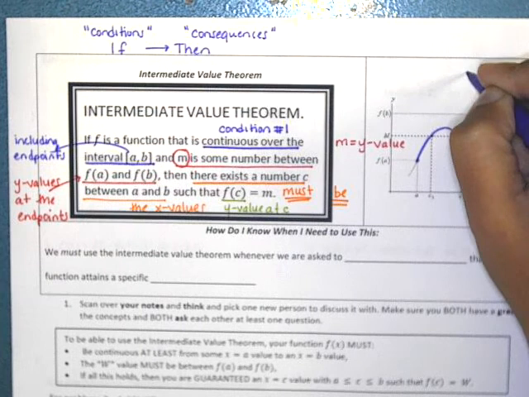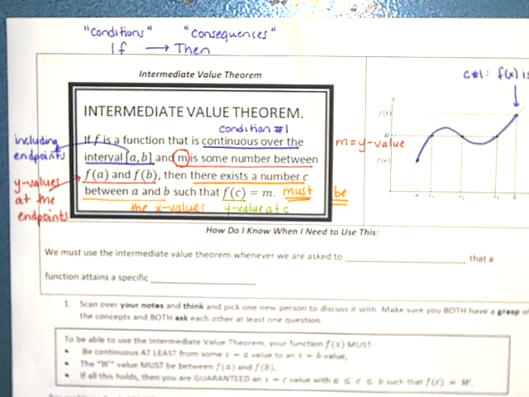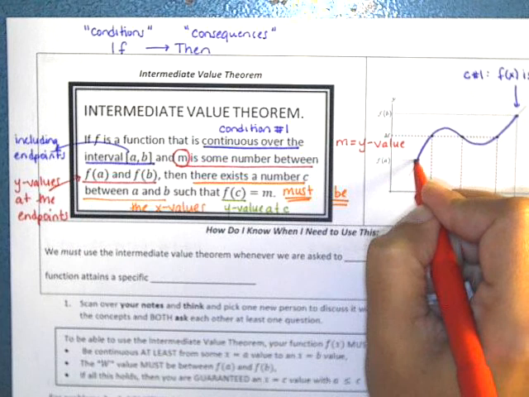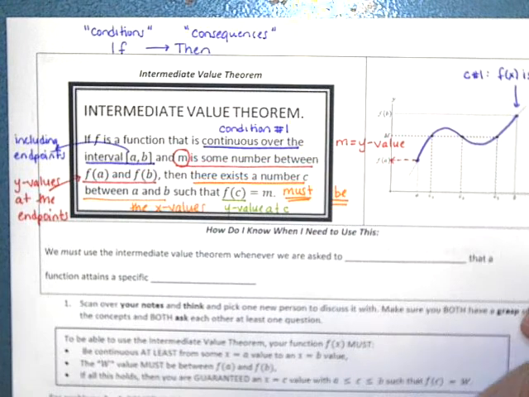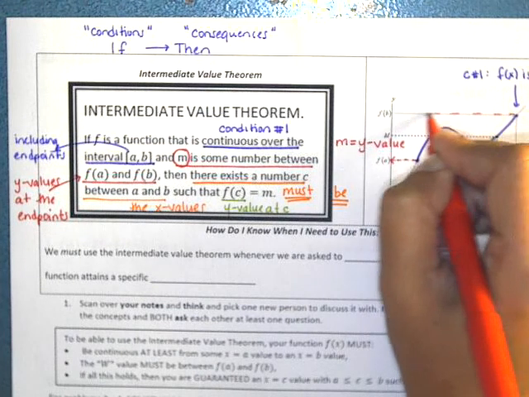So that's condition number 1. Now, condition number 2 is that m, the y value that we want, is between the y values of the endpoints. Well, since a is here, a's y value is here. b is here, so b's y value is up here.